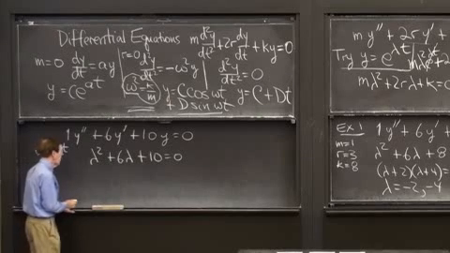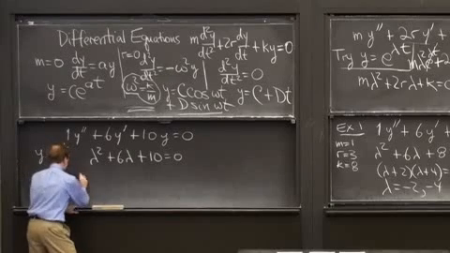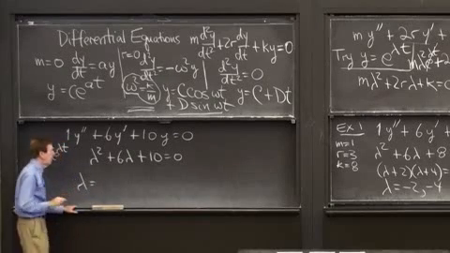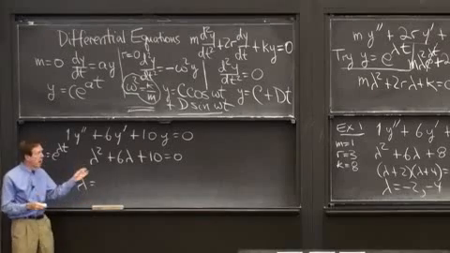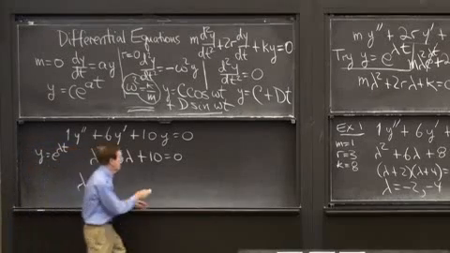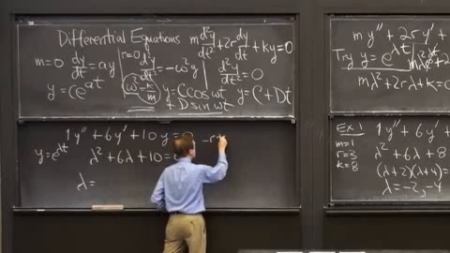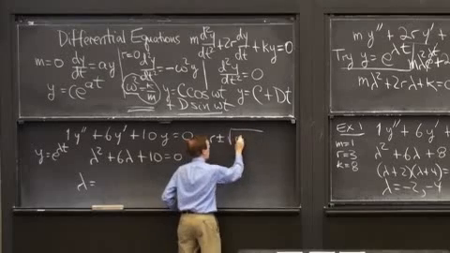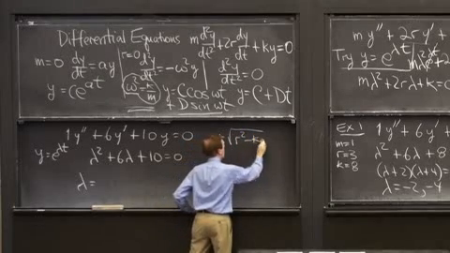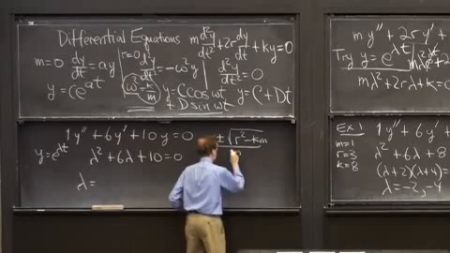So the quadratic formula will give the 2 roots lambda. You remember? Can I remember that formula? Minus r plus or minus the square root of r squared minus km, all divided by m.